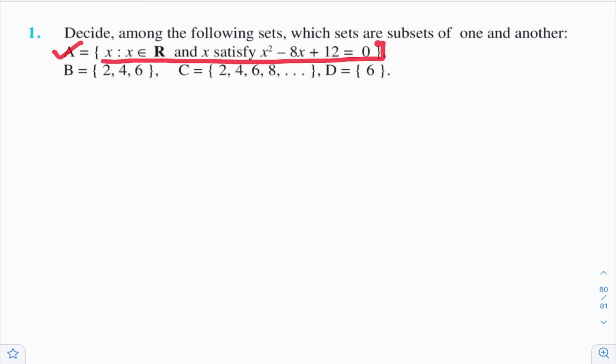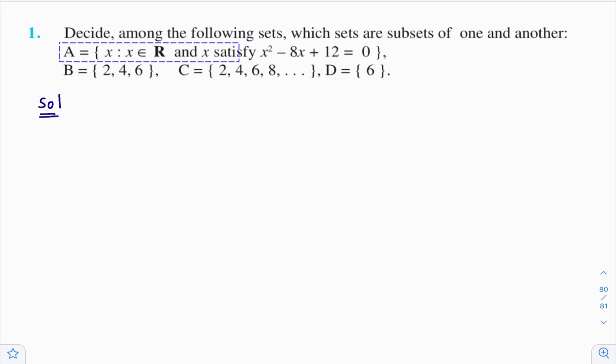I'll write this set in roster form. Roster form means all the elements are listed and separated by commas within the brackets. If I write the set in roster form, I can easily compare whether the sets are subsets of each other or not. So first I'll write set A in roster form.